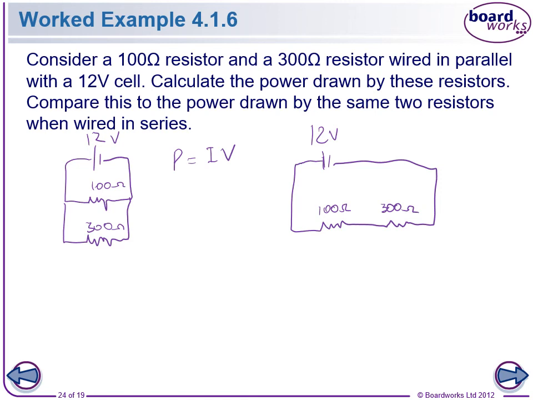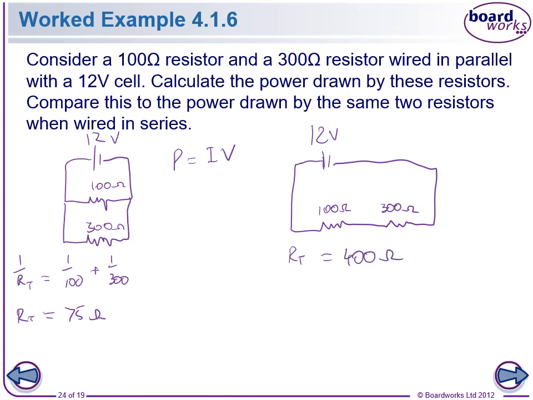So let's look at our parallel circuit first. 1 over RT is equal to 1 over 100 plus 1 over 300. Remember, 1 over all of that will give us a 75 ohm resistance. Whereas if we look at our series circuit, our equivalent resistance is all of our resistors added together.